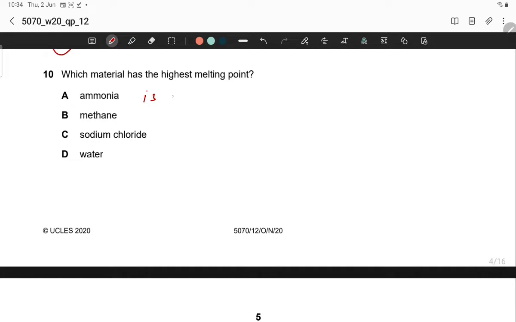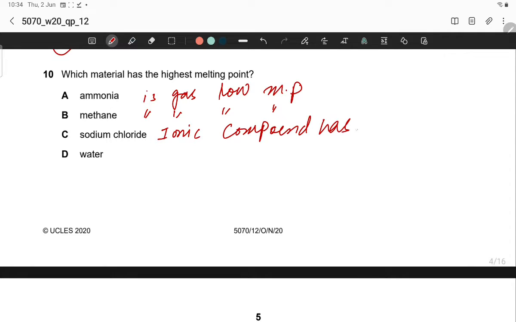Which material has the highest melting point? Ammonia is a gas, so low melting point. Methane also is a gas, low. Sodium chloride is an ionic compound. It has the highest melting point.